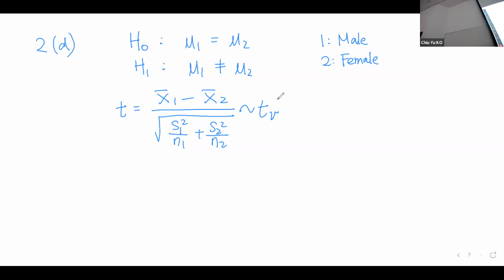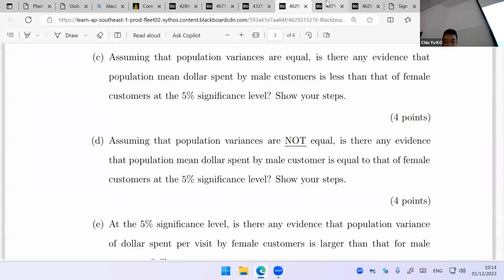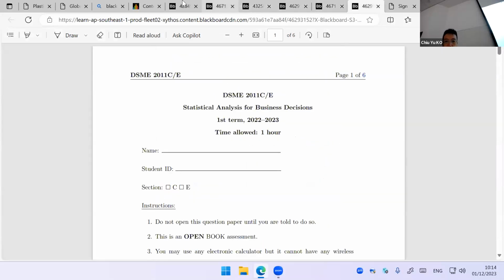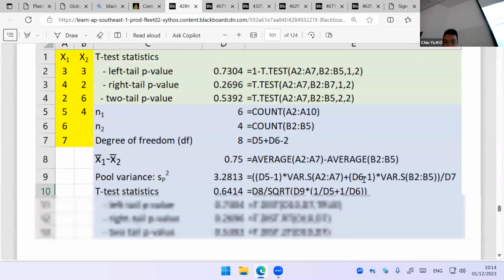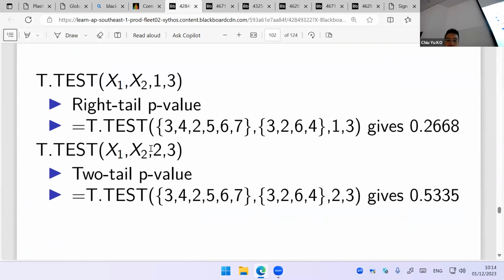So luckily you don't have to do that. What you do is the t-test p-value. If you don't recall the Excel function, which usually I don't, just check it out. Look at this: equal variance, I don't have equal variance. So it's 2 tail, it's 2 and 3.